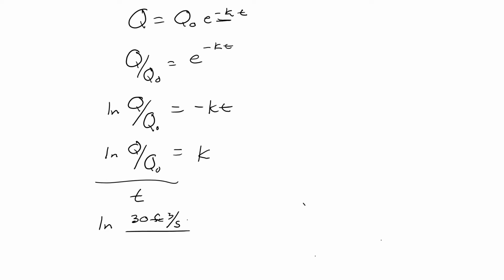So we can just put this in, negative ln of 30 cubic feet per second over 500 cubic feet per second, times 1 over 240 days. The units cancel out.